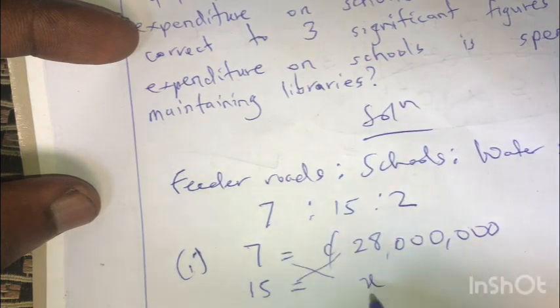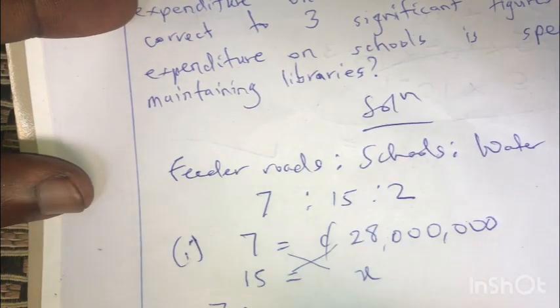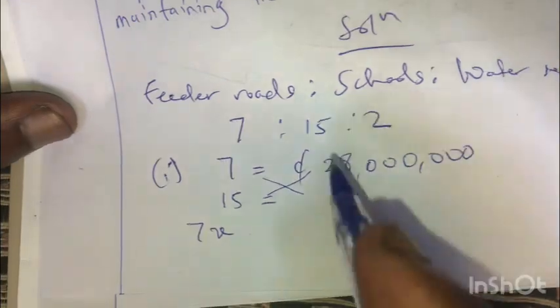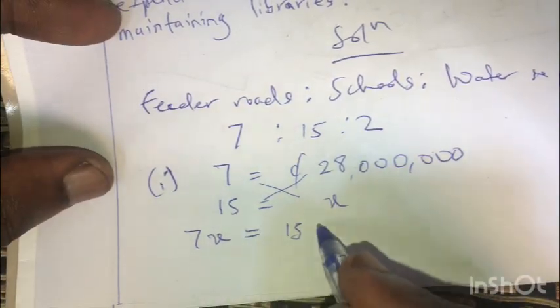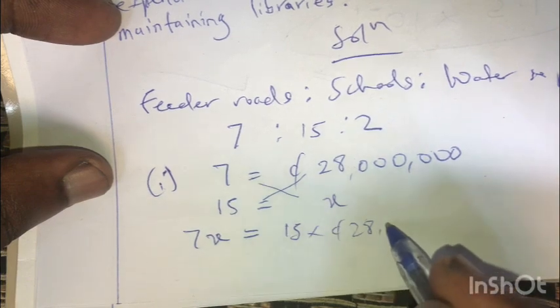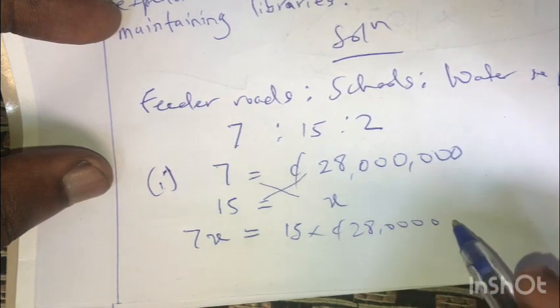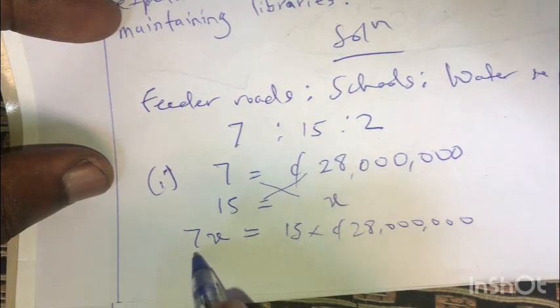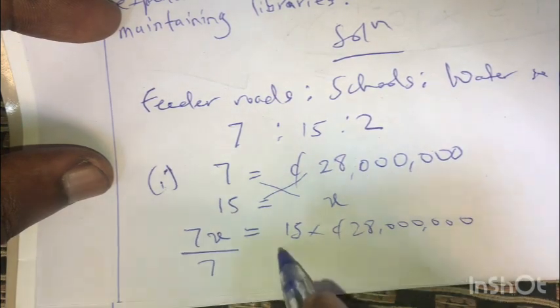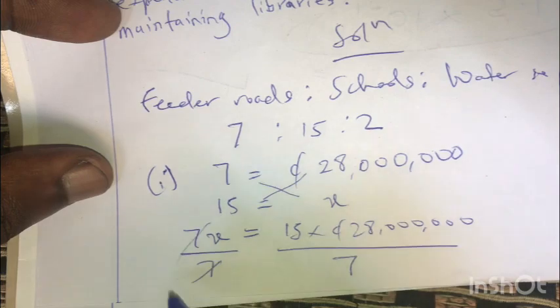We're going to get 7 times x, 7x then is equal to 5 times 28 million. So I'll divide here by 7, now divide here by 7 so that this can cancel this.